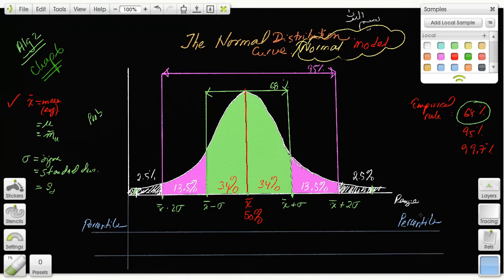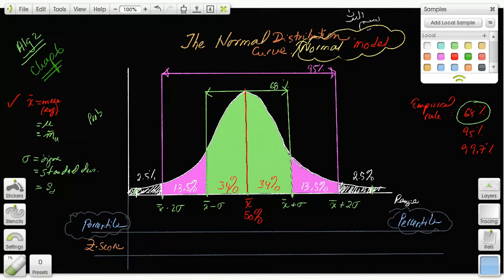I'm writing it on both sides just because the graph is symmetrical and it's easy for reference. And the last thing is something called the z-score. Now let's talk about the percentile.